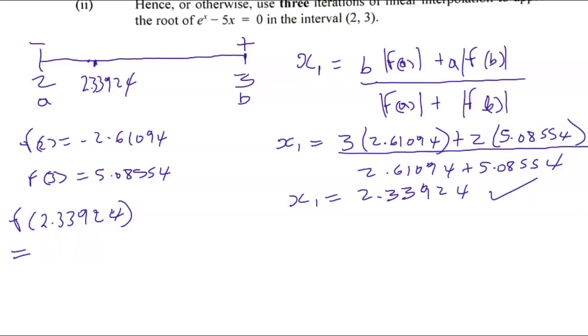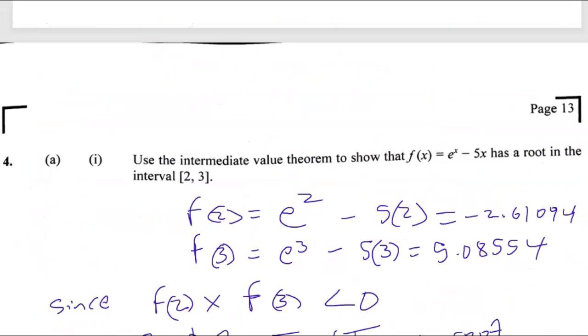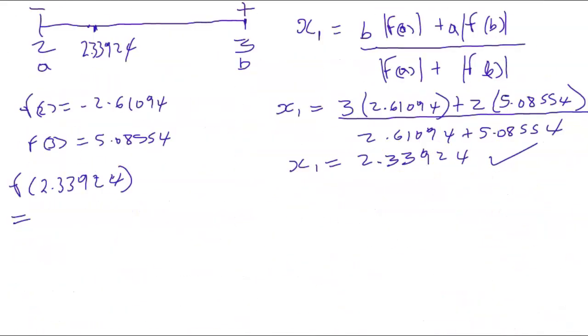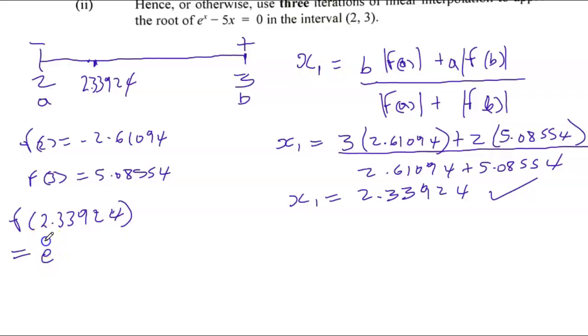So remember the function was e^x minus 5x, so e^2.33924 minus 5 times 2.33924, and punch this in our calculator, and this will give us negative 1.32285.